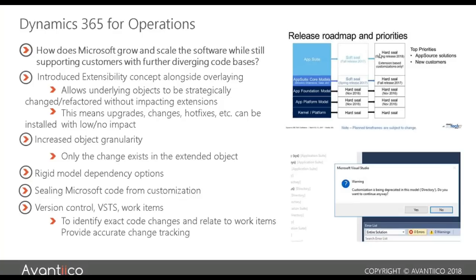If you've modified a piece of AX code, overlaid it, and you really need it, Microsoft has an invitation program where you can request that they refactor their code or provide some hook or mechanism to allow you to keep that modification without overlaying the code.